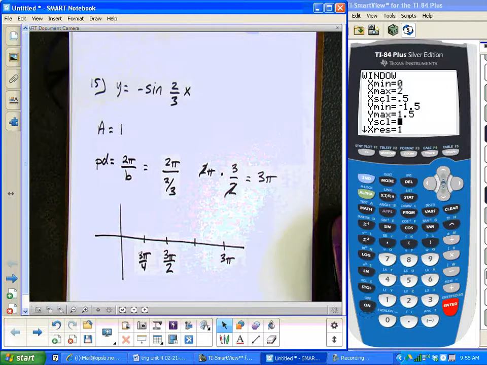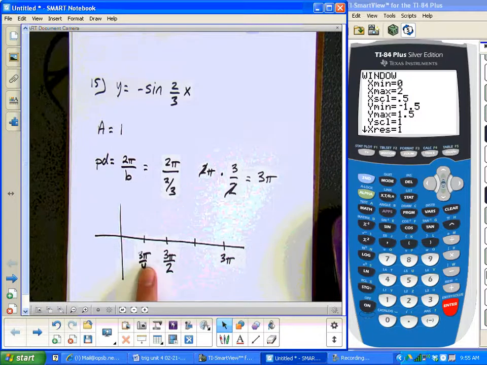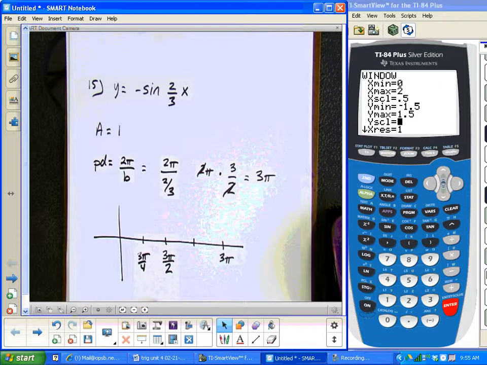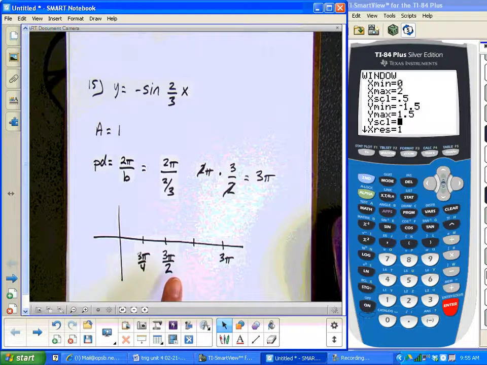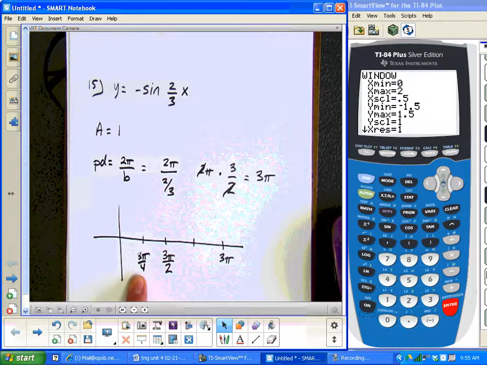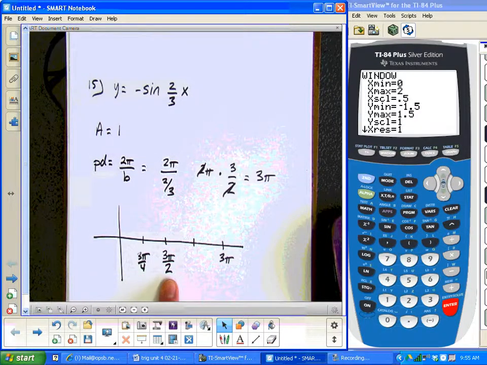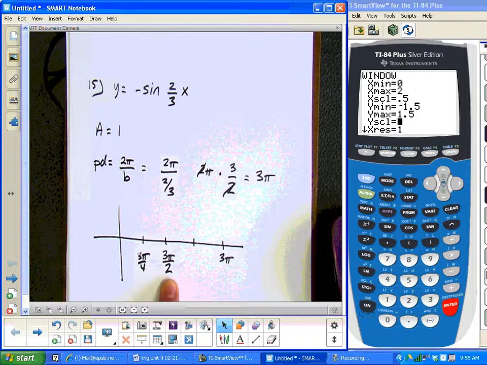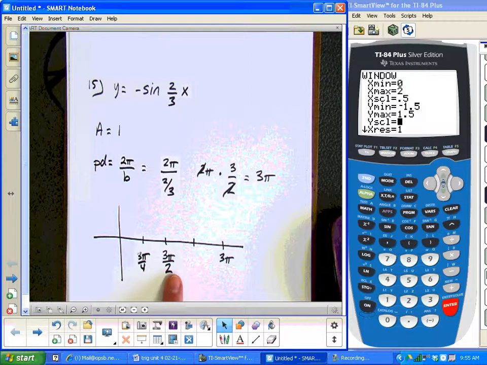Now, this is where this throws a lot of people off. This is 3 pi over 4, so the next one is not 4 pi over 4. If this is 3 pi over 4, the next one would be 6 pi over 4, which is really 3 pi over 2.